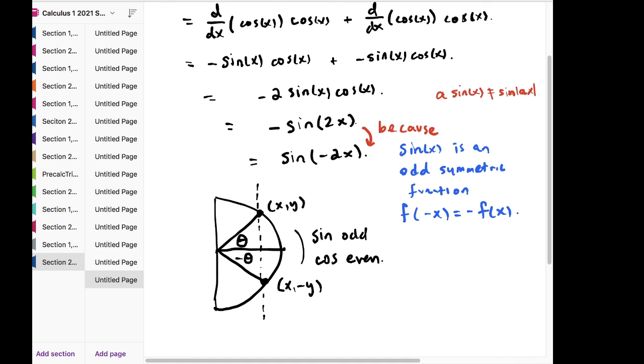Know what even means? Right. When you plug in the negative, it's the same as plugging in the positive.